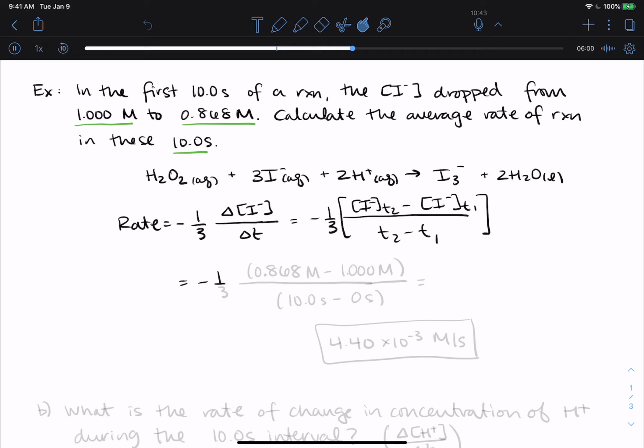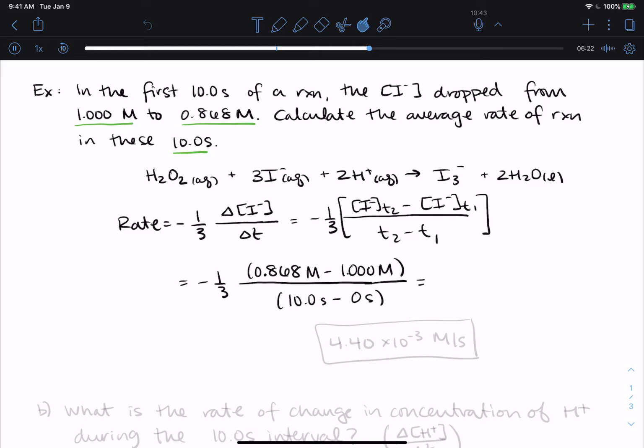So negative 1/3. My concentration of I minus at T2 was 0.868 molar minus 1.00 molar, divided by 10 seconds minus 0 seconds.